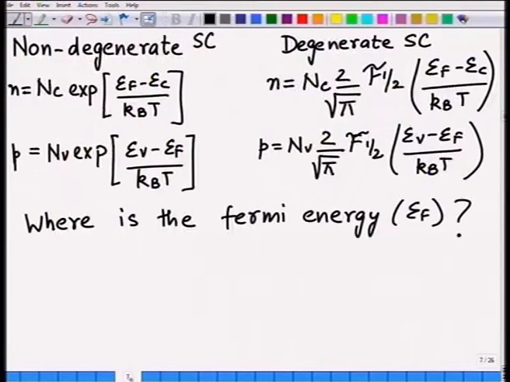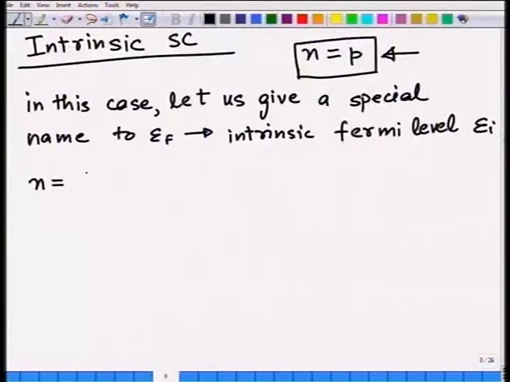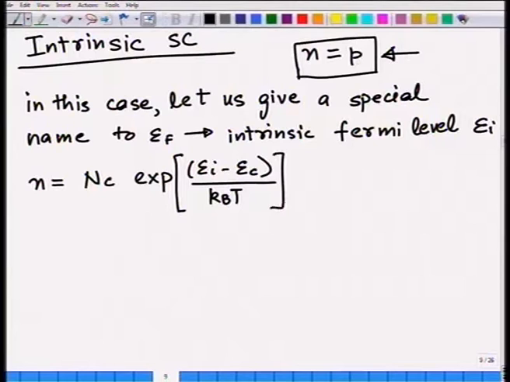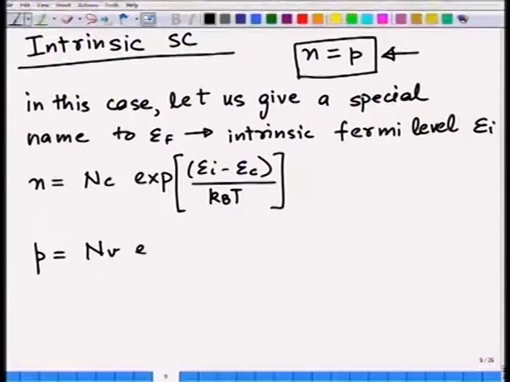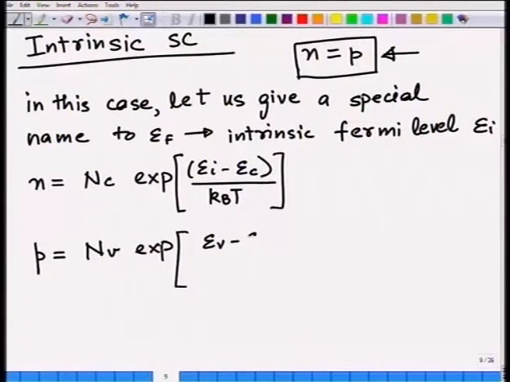In that case, I will write n as equal to NC times e to the power EI minus EC by kBT, and we will use p as equal to NV e to the power EV minus EI by kBT. In writing these equations, I have assumed the semiconductor is non-degenerate. Eventually, I will prove to you that indeed this will be true. My assumption is not wrong.